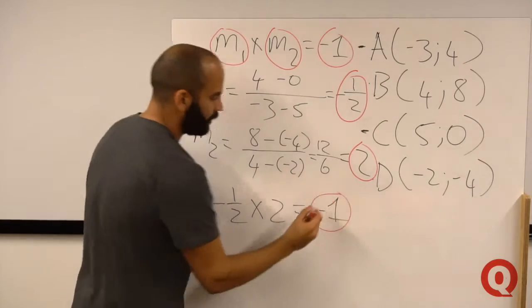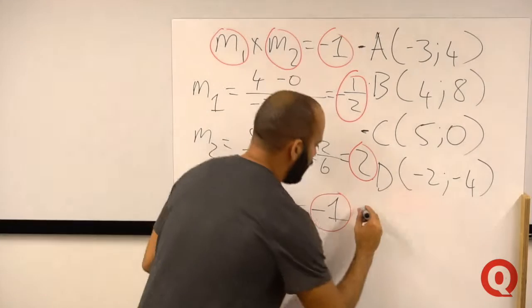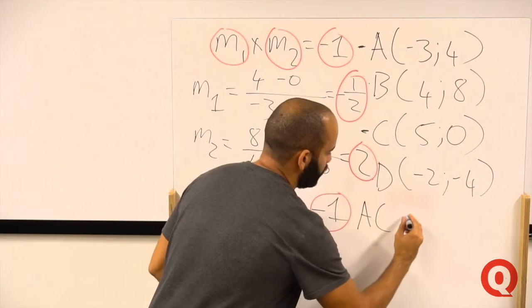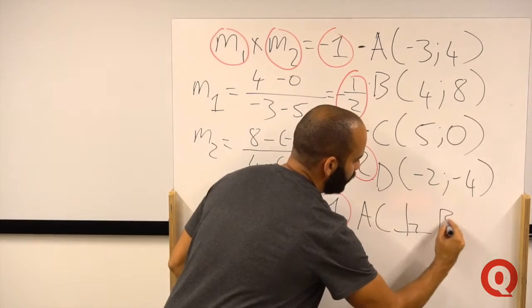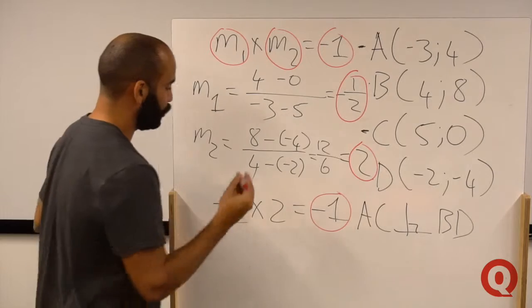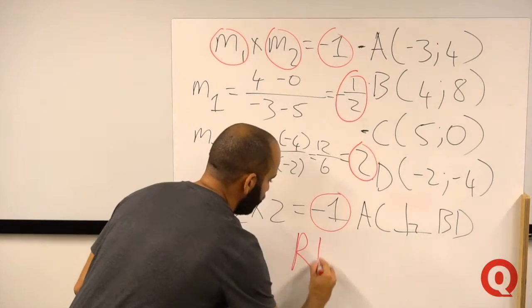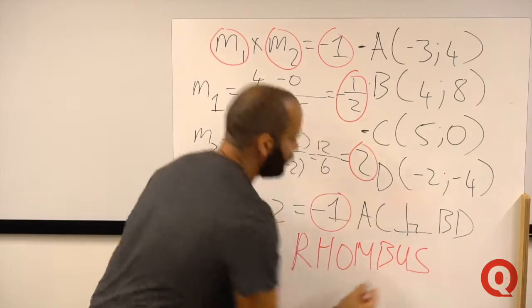So you've proven that the line AC is perpendicular to BD. And by proving that, it is now a rhombus.